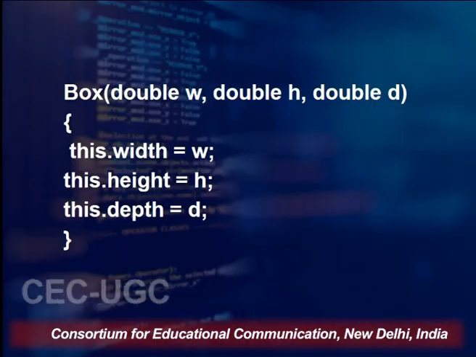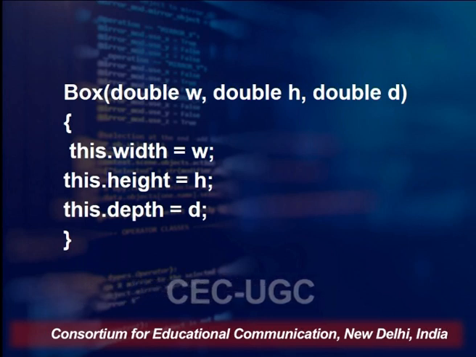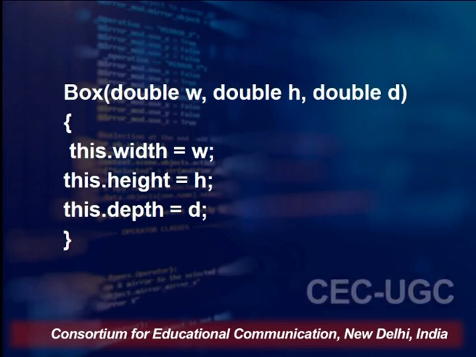So we have just seen one particular code snippet, which was about a parameterized constructor. Another version of that parameterized constructor, which will do the same thing as the previous one, is shown on the screen, which says Box(double W, double H, double D). I am sure you are all comfortable with this.